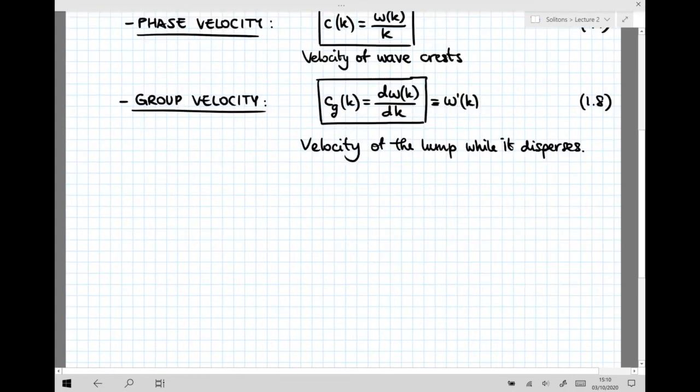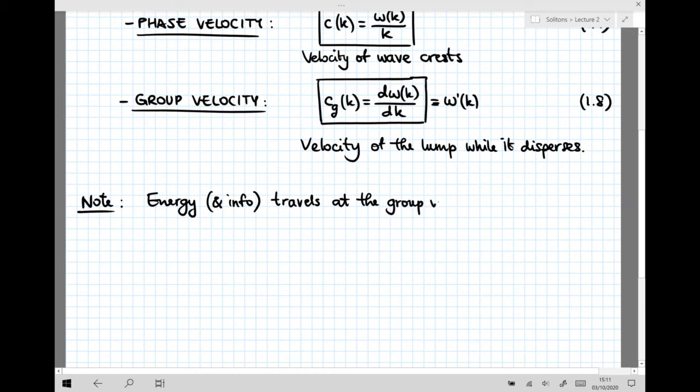Good. Next, let me make a general comment. So I said earlier that the Klein-Gordon equation is a relativistic wave equation. And it turns out that energy and information travel at the group velocity, not the phase velocity.